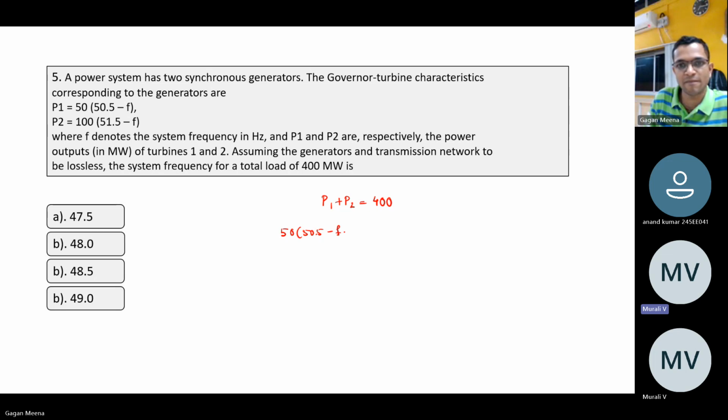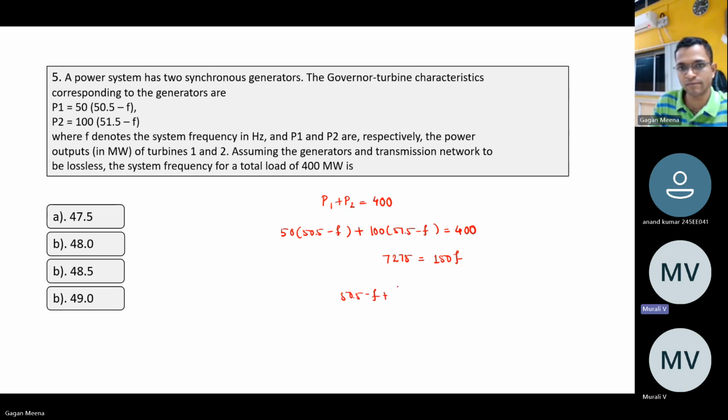50.5 into 50 minus 50F plus 51 into 50 minus 100F is equal to 400. 150F is equal to 50.5 into 50 plus 51 into 50 minus 400, by 150.